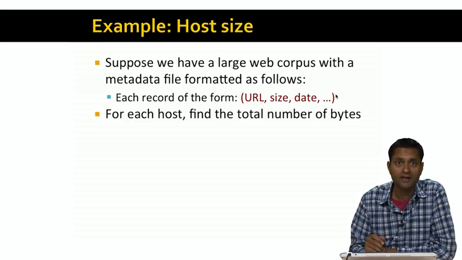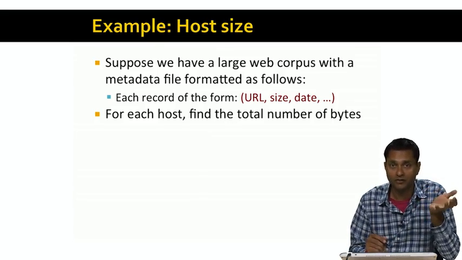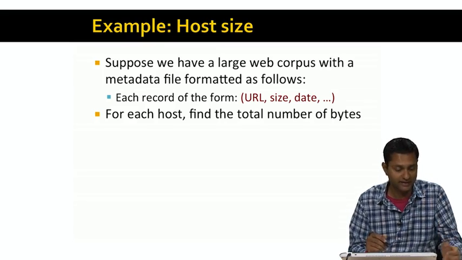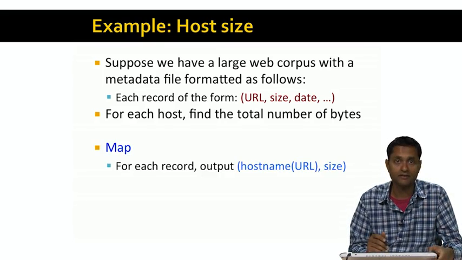Now the problem is for each host, we want to find the total number of bytes. Not for each URL, but for each host. Remember, there could be many URLs with the same host name in the crawl, and we want to find the number of bytes associated with each host, not with each URL. Right? Clearly, the number of bytes associated with the host is just the sum of the number of bytes associated with all the URLs for the host, and this is very easy to implement in MapReduce.